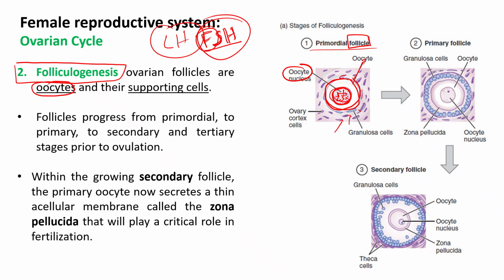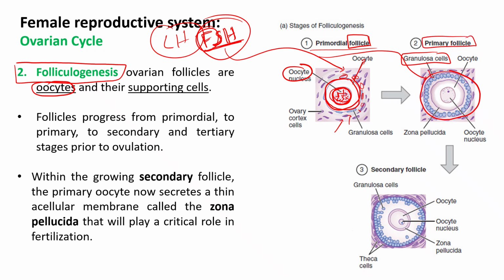At the beginning there are just a few, but as the hormones, especially FSH, start increasing, FSH is the hormone that triggers the growth of more cells of the follicle. Now when you have more cells, they're called granulosa cells. Those are the cells that form the primary follicle.